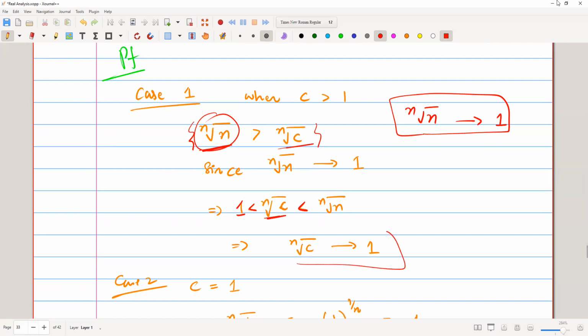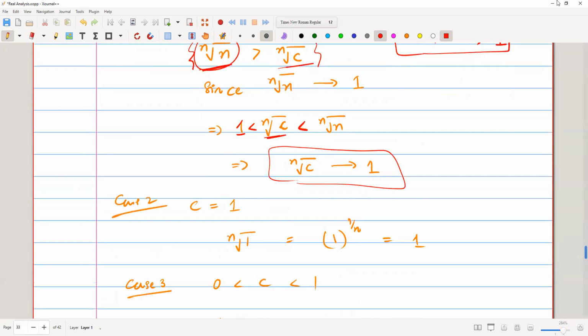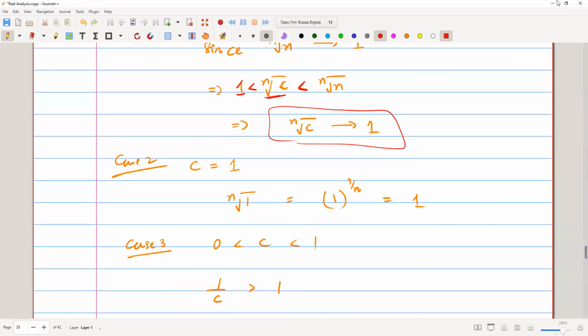Therefore, this converges to 1, which implies that the nth root of c is also converging to 1. Okay, and then if c equals 1, this is a trivial case: 1 to the power 1 over n is 1 to the power 0, and 1 to the power 0 is 1, so it's a trivial case.